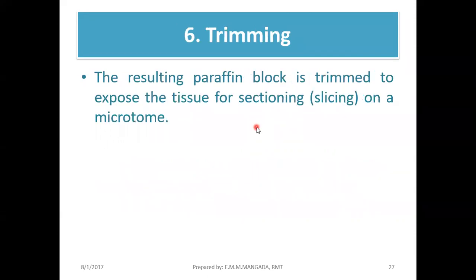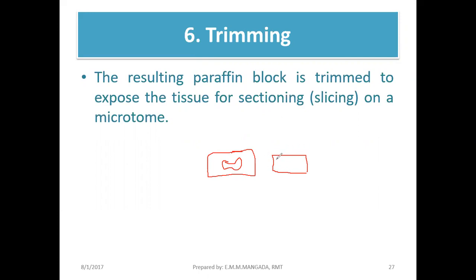Trimming. So guys, sometimes the mold or tissue block that we make, where the tissue is already inside, is not even and not a perfect square. So that's the purpose of trimming: to trim the sides or the edges to create a perfect block.